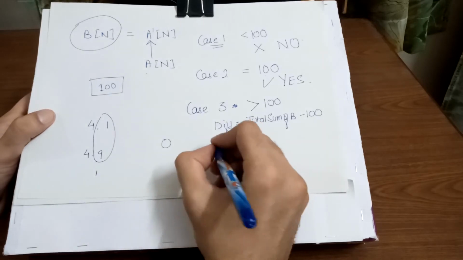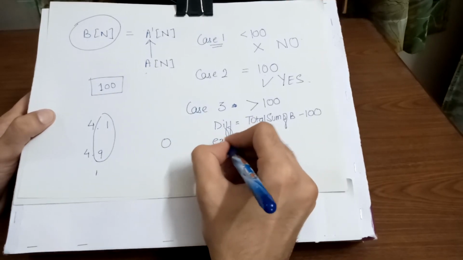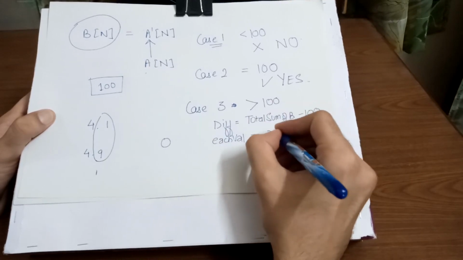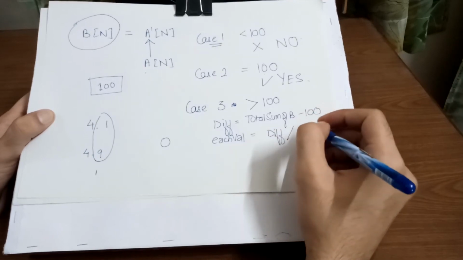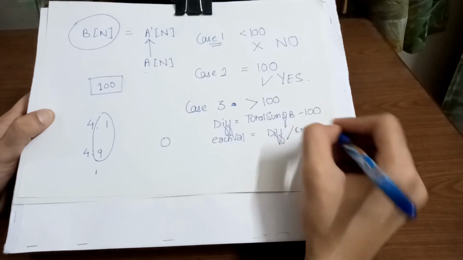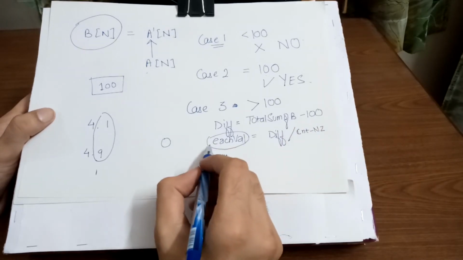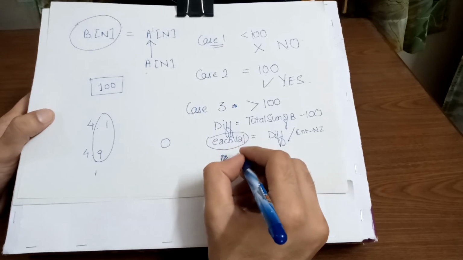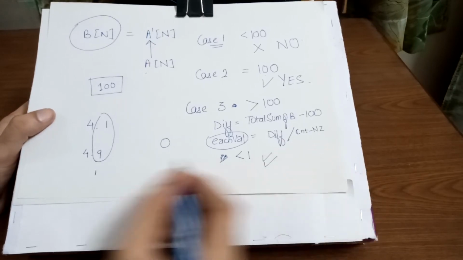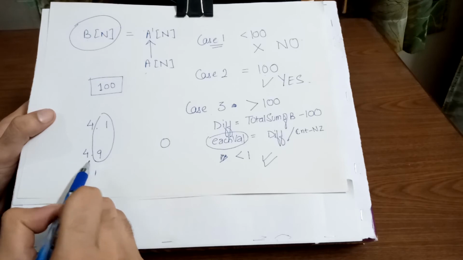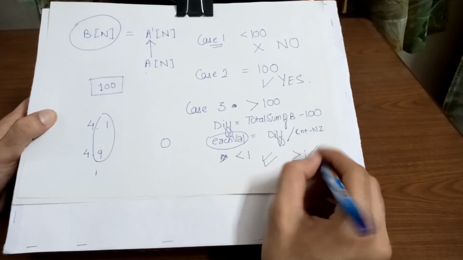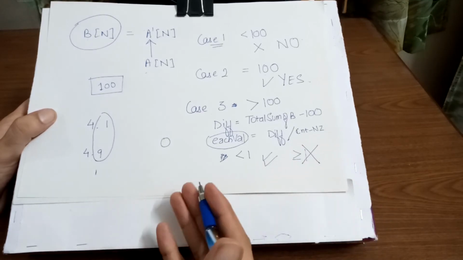So suppose we have a variable each val which will consist of the value of diff divided by the count of non-zero elements. Now if each val comes to be less than 1, it means that we can do it because we can have a variation less than 1. But if that variation exceeds or becomes equal to 1, then we cannot do this variation.